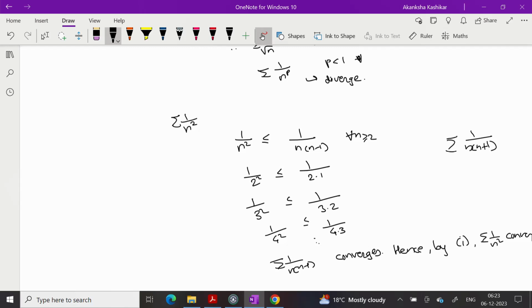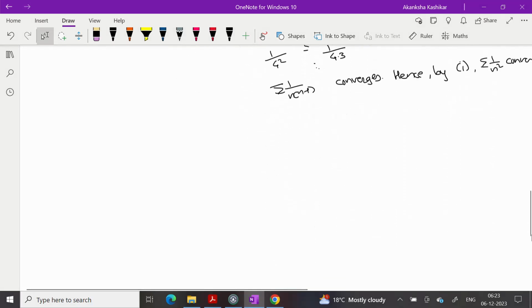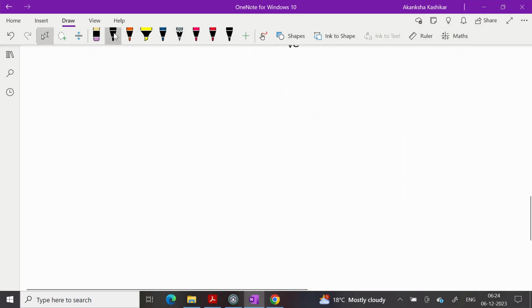And if 1 by n square converges, then I can again use comparison test to conclude that 1 by n raised to p for every p greater than or equal to 2 converges. Because it will always be smaller, and hence by comparison test it will converge. So this is the statement, proof, and an application of comparison test.